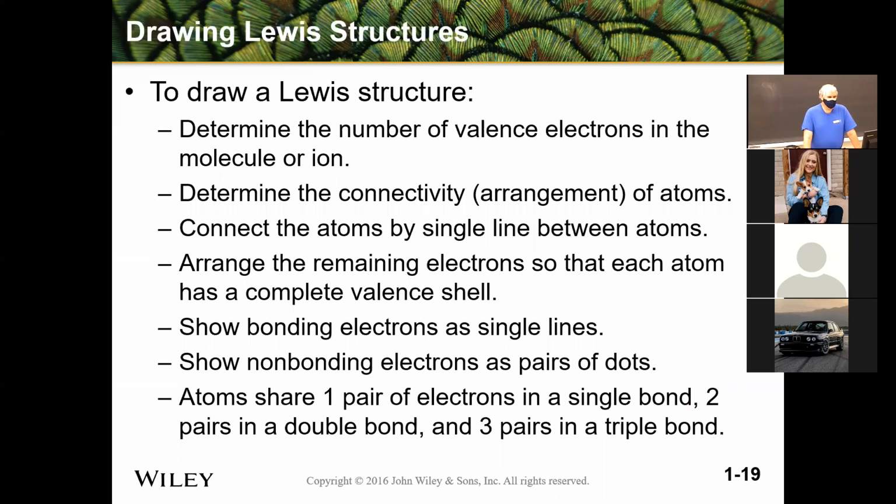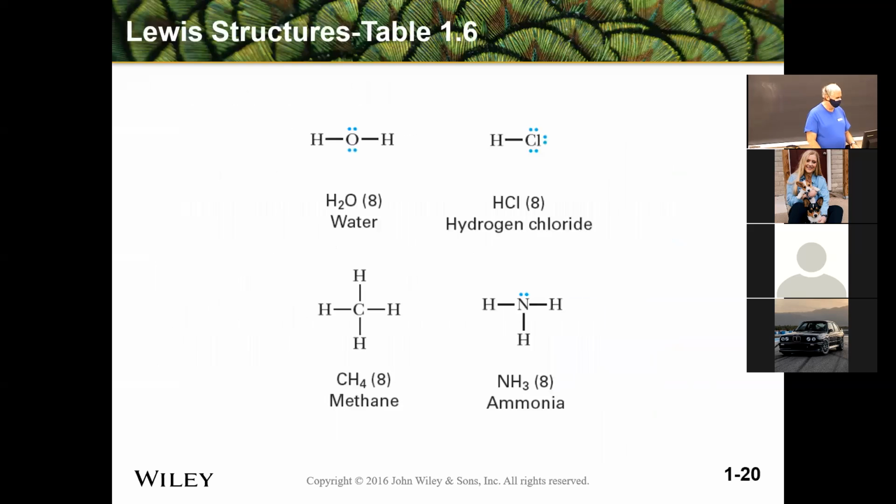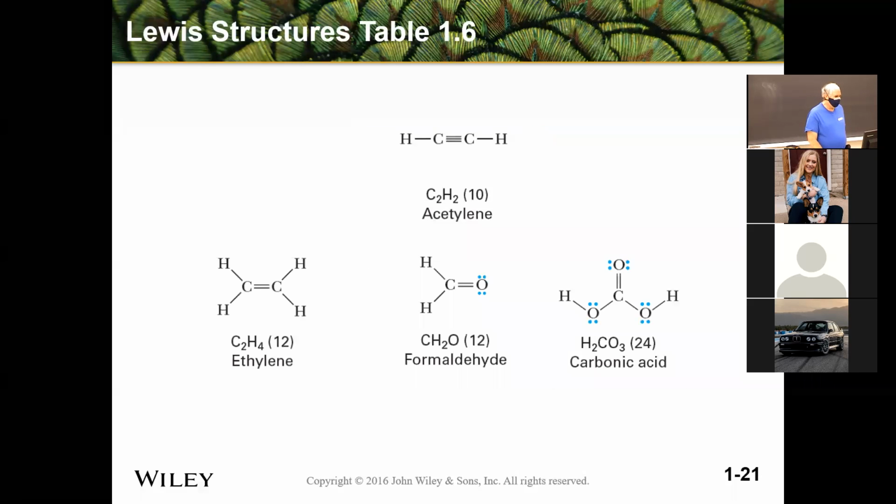If you haven't done so already, make sure that you complete Chapter 1 of Pushing Electrons. That's a good tutorial on how to draw Lewis structures and how to determine formal charges. So I might ask you about which are correct and incorrect Lewis structures.